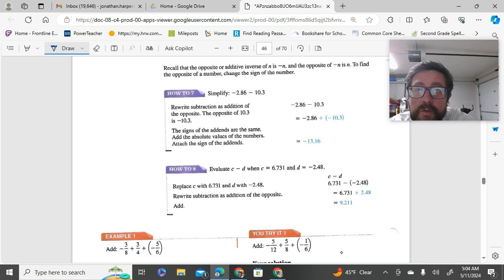So we have negative 2.8 minus 10.3, negative 2.8 plus negative 10.3. So our answer, we're just going to add them together and tack on the negative.